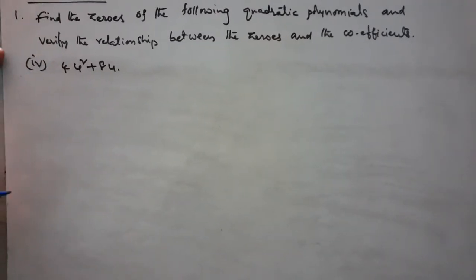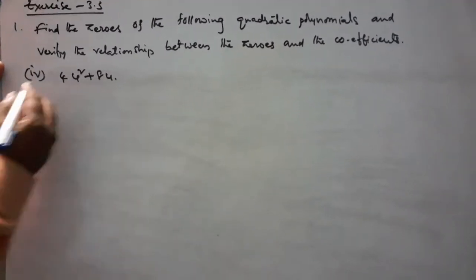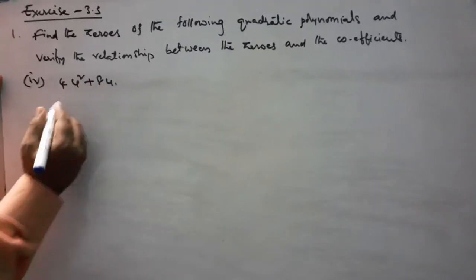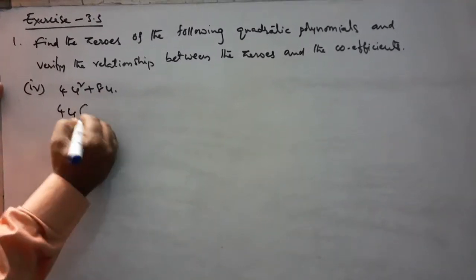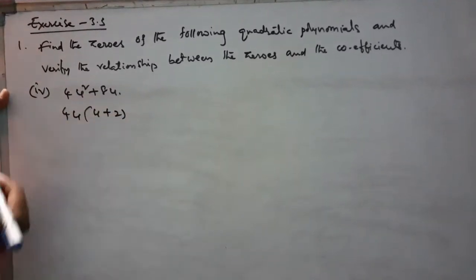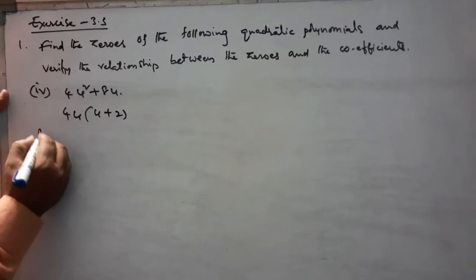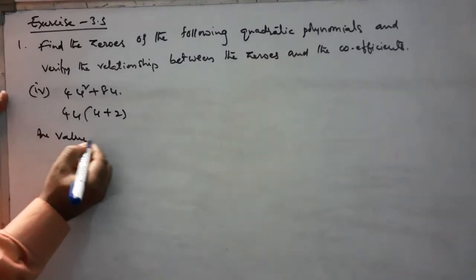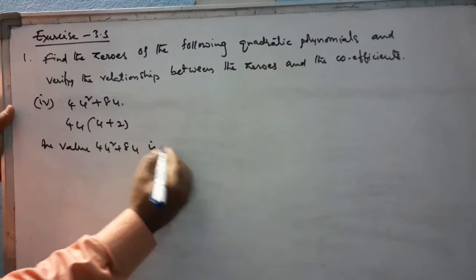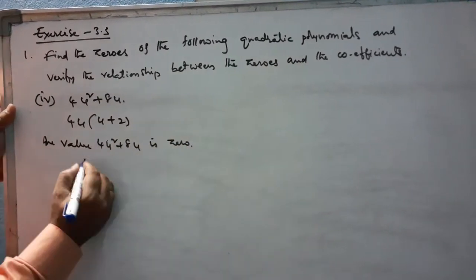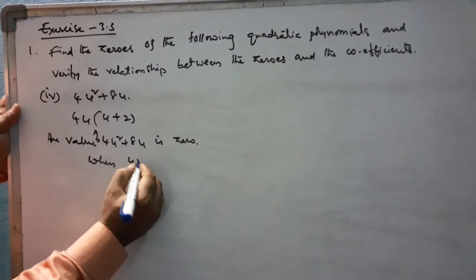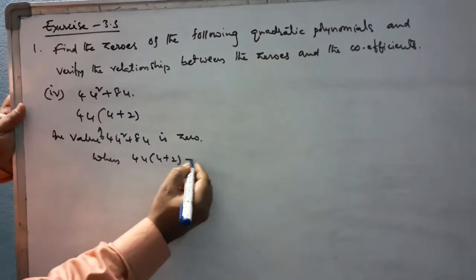So for the problem 4u square plus 8u, both terms have 4 and u in common. If you take 4u common, we will get u plus 2. So the value of 4u square plus 8u is 0 when 4u into u plus 2 equals 0.